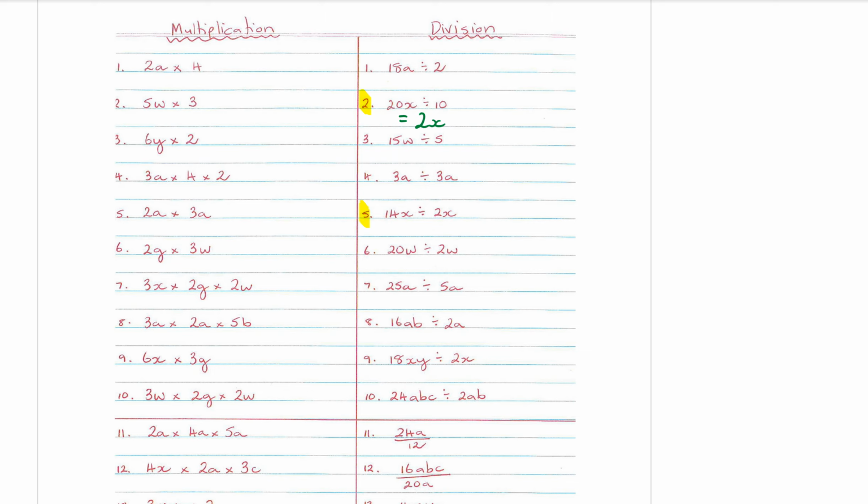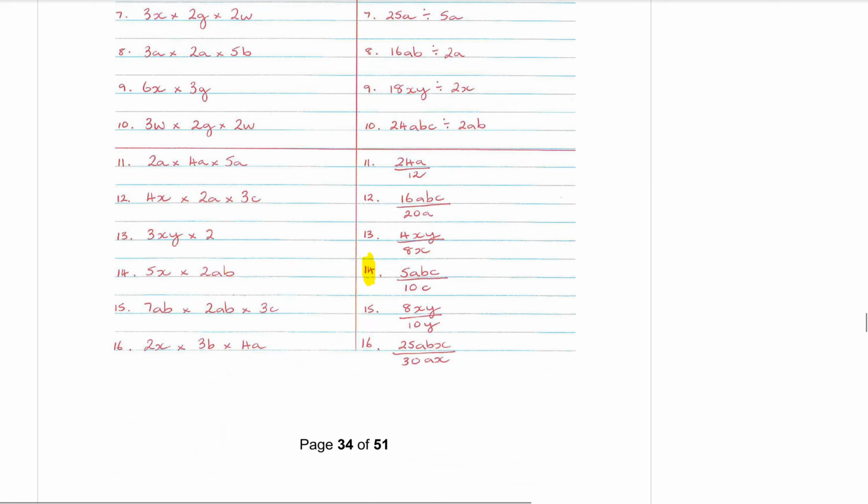In question 5, however, another division, we divide the numbers. 14 divided by 2 is 7. Because there is an x in both of those terms, they will cancel off, meaning that 7 is all there is for the answer.